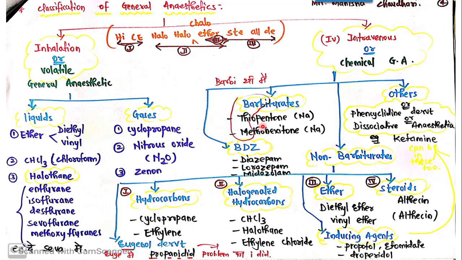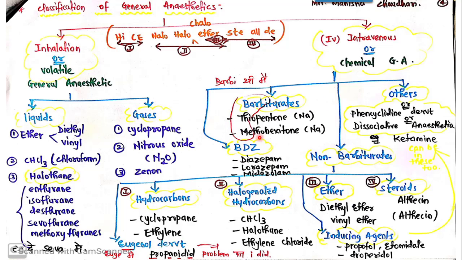Examples are thiopentone sodium and methohexitone sodium. Thiopentone can also be written as thiopental, and methohexitone as methohexital, because of the keto-enol tautomerism, which we discussed briefly in the sedative hypnotic class.